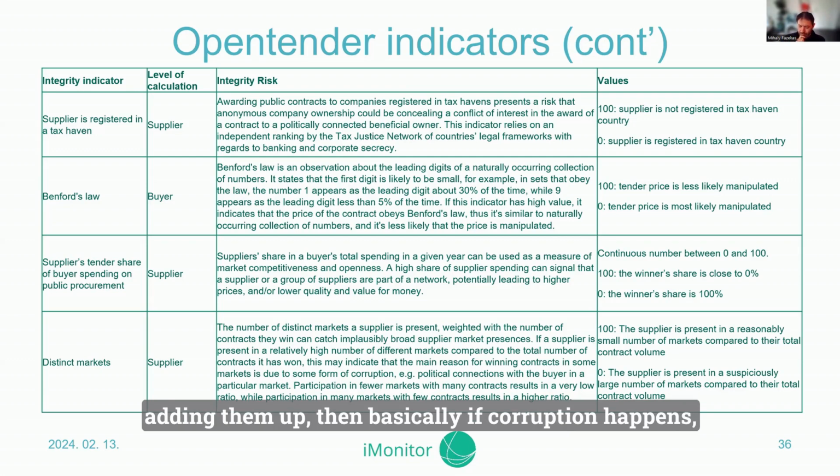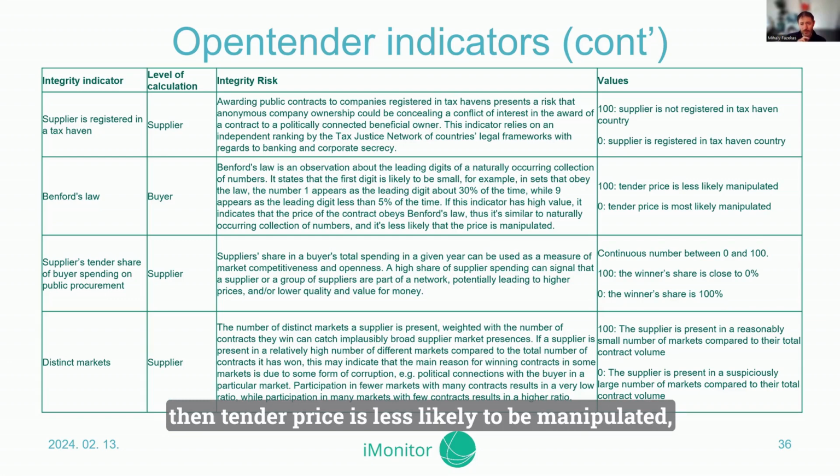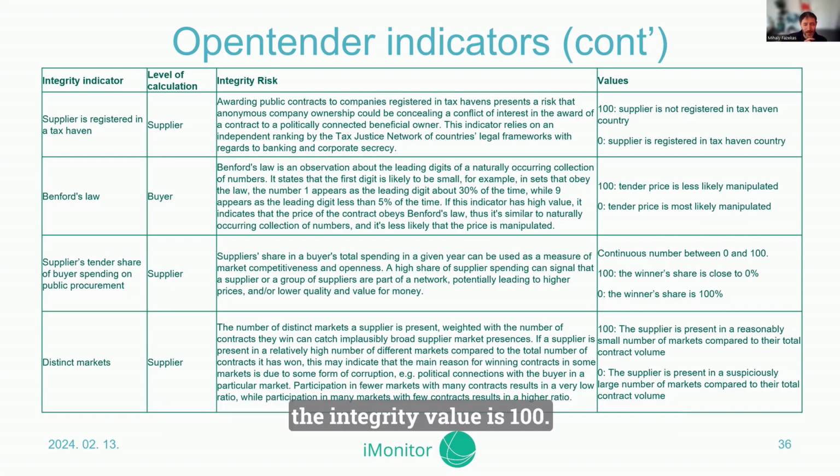If corruption happens, then there's just a large number rounded up, and this is a risk factor. So if the tender price is very likely to be manipulated, integrity is low. If the tender price follows a natural distribution of digits, then it is less likely to be manipulated, and the integrity value is 100.